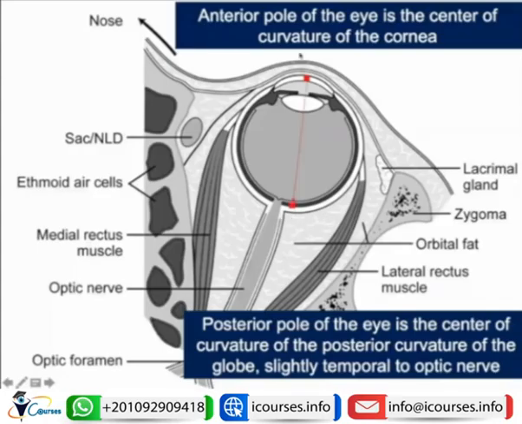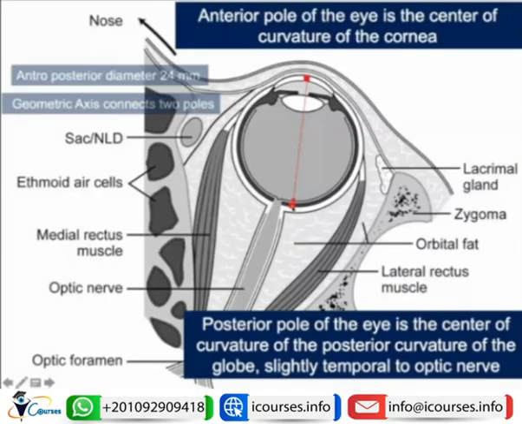If we join the anterior pole with the posterior pole with a line, this line is called the anteroposterior diameter or the axial length. So this is like the length of the eye. Just as we refer to the length of a human being in meters or inches, this is the length of the eye.